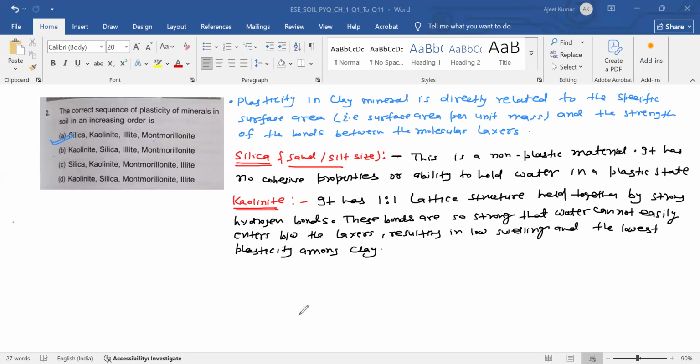And the structure looks like this. That is the gibbsite sheet, aluminium, and this is the silica sheet. One unit of kaolinite is this: the silica sheet, Si, attached by van der Waals force with another unit.